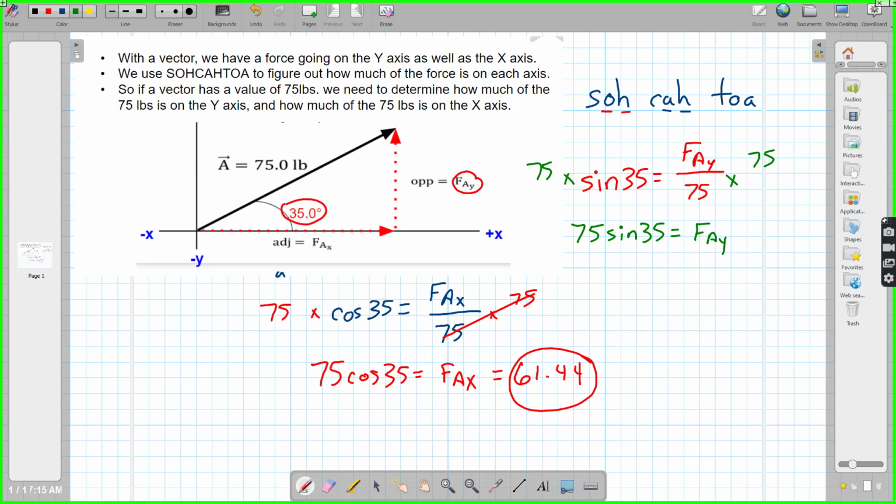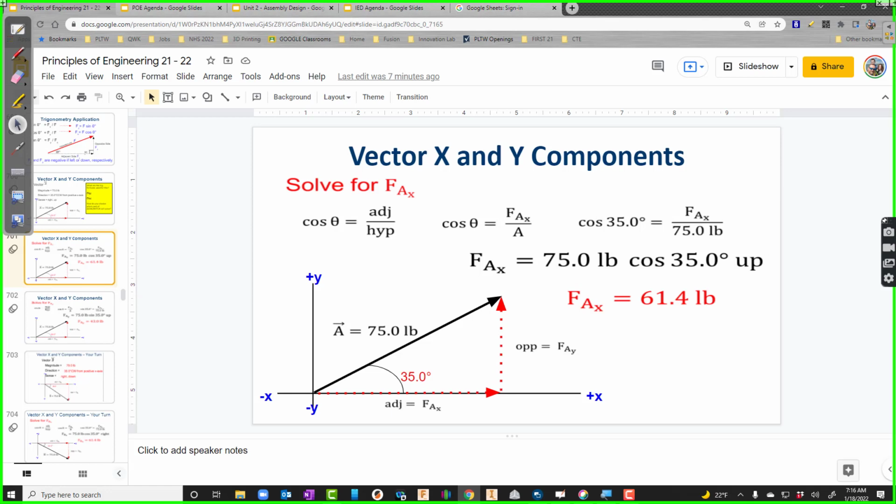So I'll pause here for just a second and put that in my calculator as well. I am going to get 43.02. So in my Y direction, I've got 43 pounds of force, and in my X direction, I've got 61. All right, here's the other part of it. What they're showing here is our center.